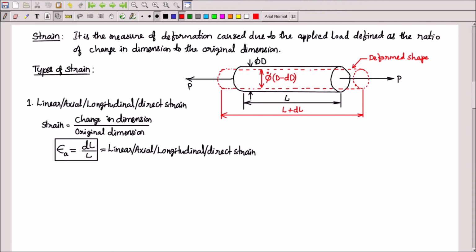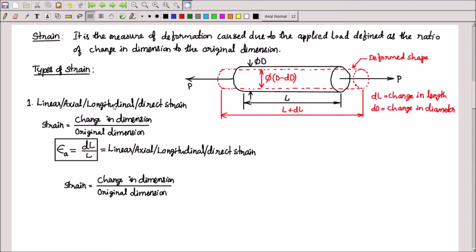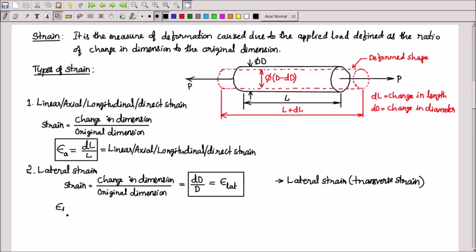Now in the diametral direction also I can define strain. Strain is equal to change in dimension by original dimension. Change in dimension means change in the diameter, which is dd, and the original diameter is D. So this strain is called lateral strain. Epsilon is the symbol used for designating strain. For lateral strain, it is epsilon lateral. So we have defined the lateral strain, the second one.